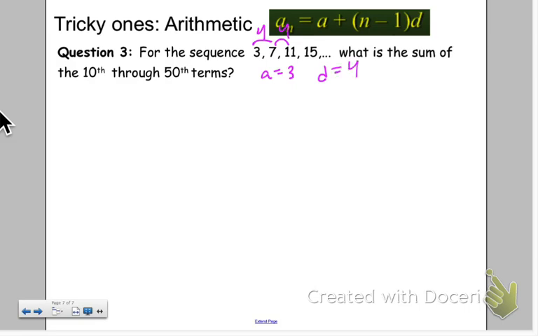So you'd find the sum of the first 50, which is, oh, that's not even the right formula.